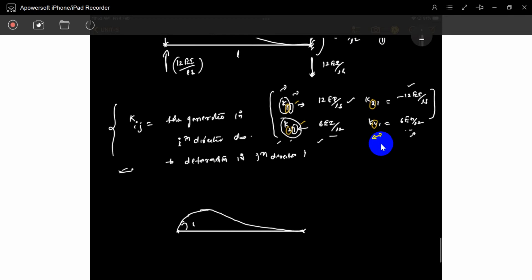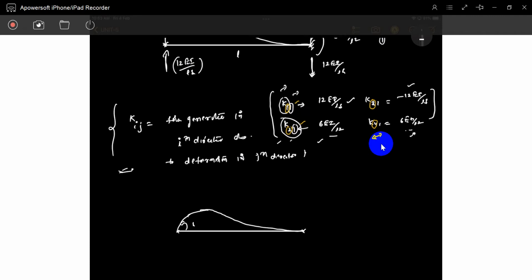So how much force is required, how much force is generated? You already know it, no need to remember. If the far end is fixed, how much force is required to generate a unit deformation? It is 4EI by L, and 3EI by L for a hinged end, already studied in the slope deflection method.